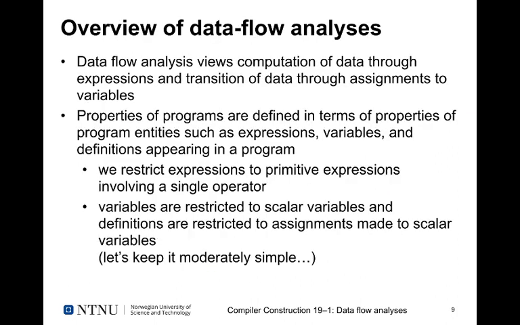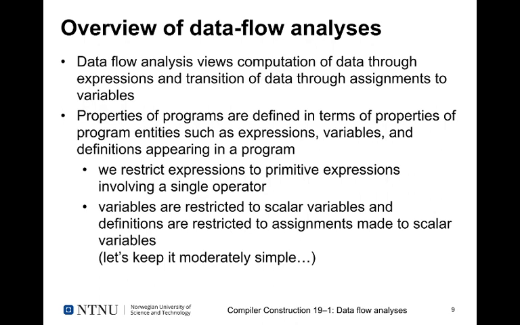Now, when we want to perform data flow analysis on this representation, we are viewing computation of data through expressions and the transition of data through assignments to variables. So the properties of programs we have explicitly described in our control flow graph are defined now as properties of program entities. We have expressions, variables, and definitions that make up our program. Again, we take a very simple approach here.